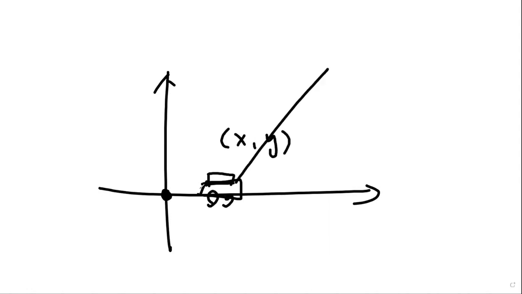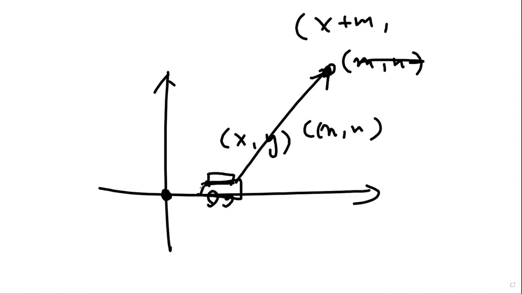This car moves by a translation vector mn to a new location. So the new location right here should be x plus m, y plus n, in the same observation frame.